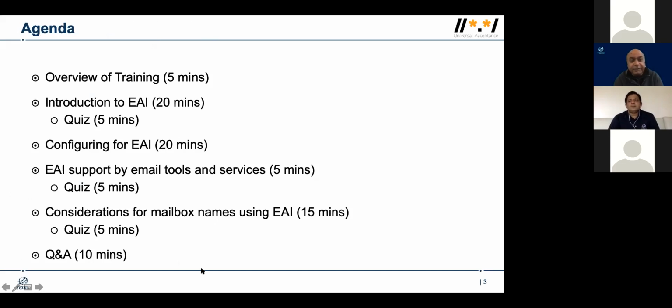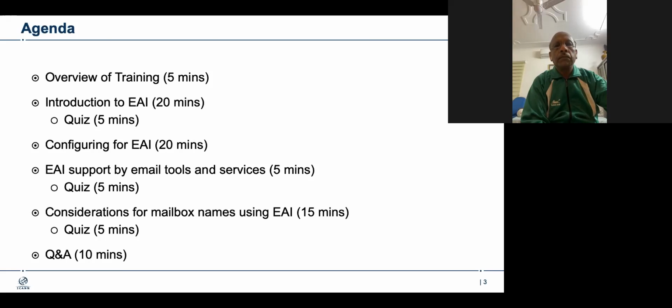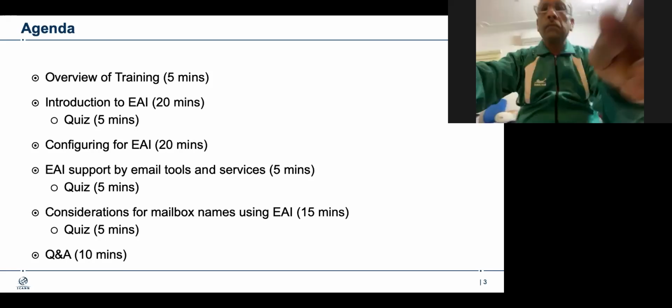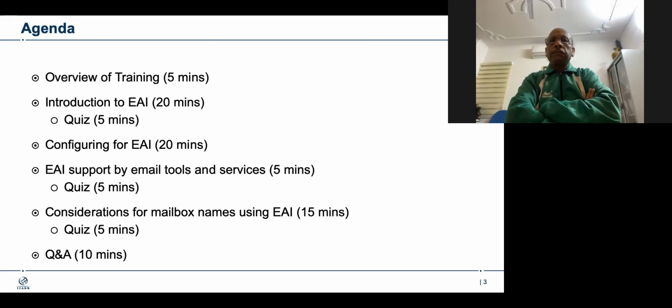So as an overview of the current webinar, we will take you through an introduction to what is universal acceptance and email address internationalization as part of universal acceptance. We will talk about configuring for email address internationalization support, and share the status of some of the email tools in this context. And finally, we will also share some considerations related to setting up mailbox names once EAI is configured on your end.